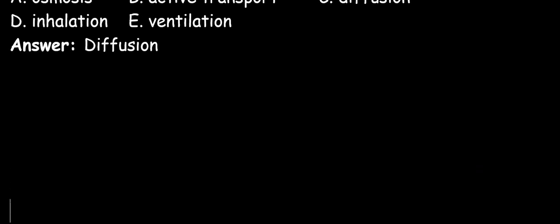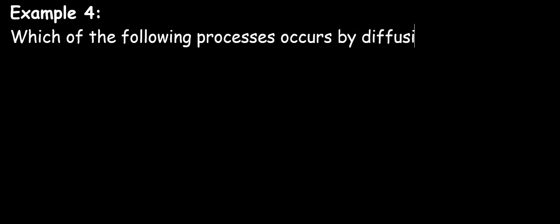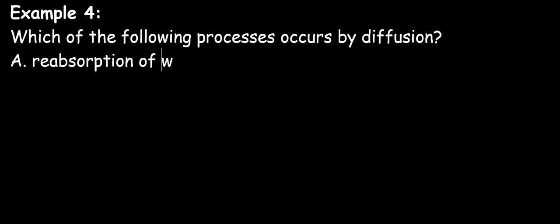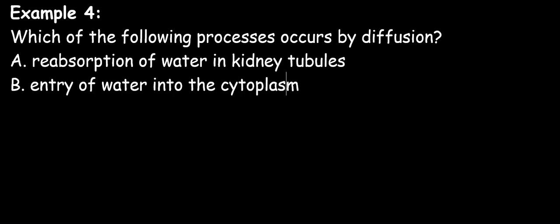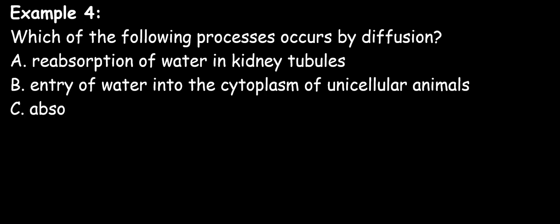The next question. It says, which of the following processes occurs by diffusion? A. Reabsorption of water in kidney tubules. B. Entry of water into the cytoplasm of unicellular animals. C. Absorption of water in the large intestines.